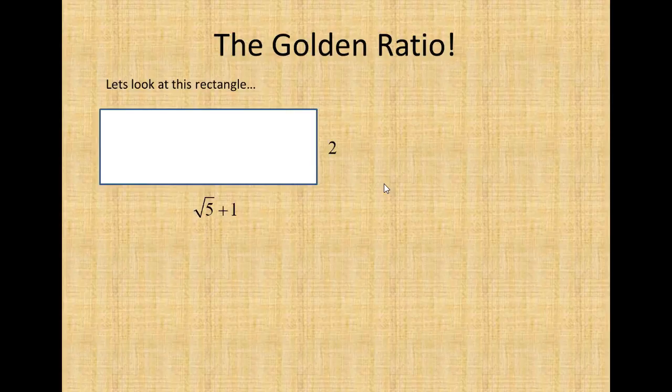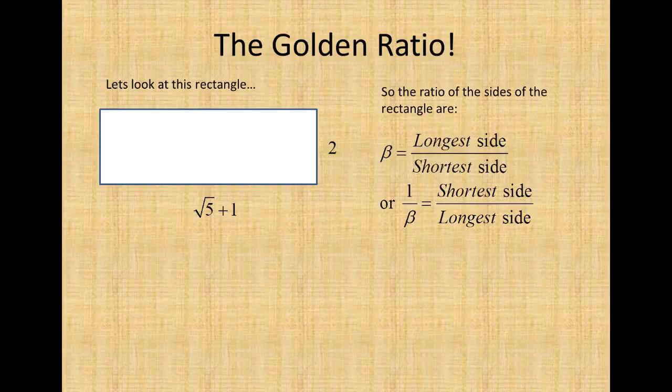Okay, so we have a rectangle with one side, the short side is 2, and the long side is square root of 5 plus 1. So the ratio of the sides of the rectangle are, let's call one ratio beta. So beta is equal to the longest side divided by the short side.